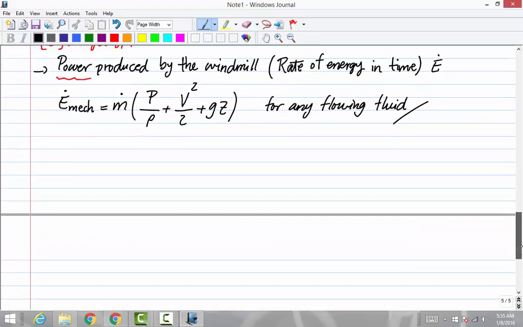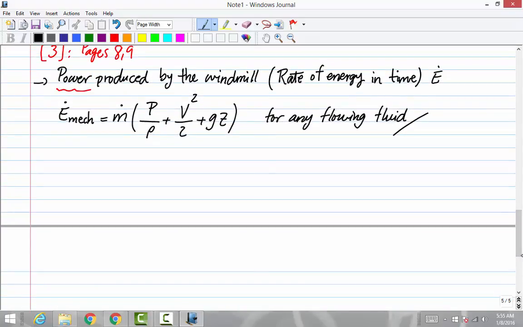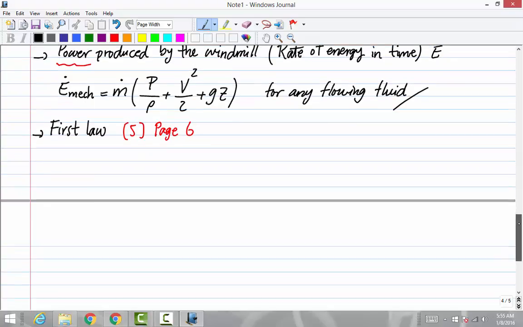Before we solve for the power produced by the windmill, we need to talk about the first law. Please check lecture note number 5, page 6.